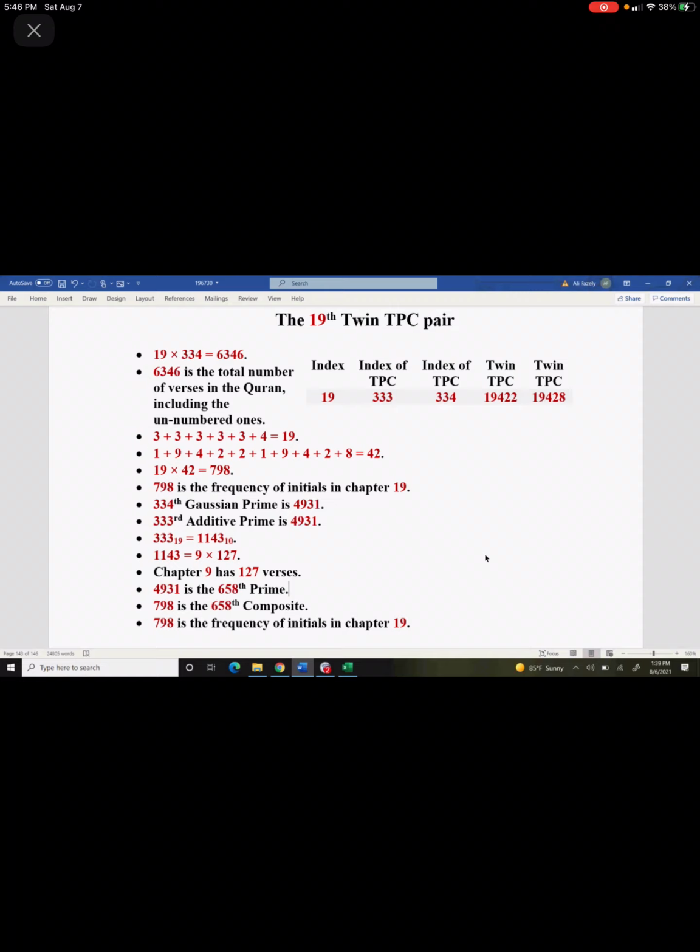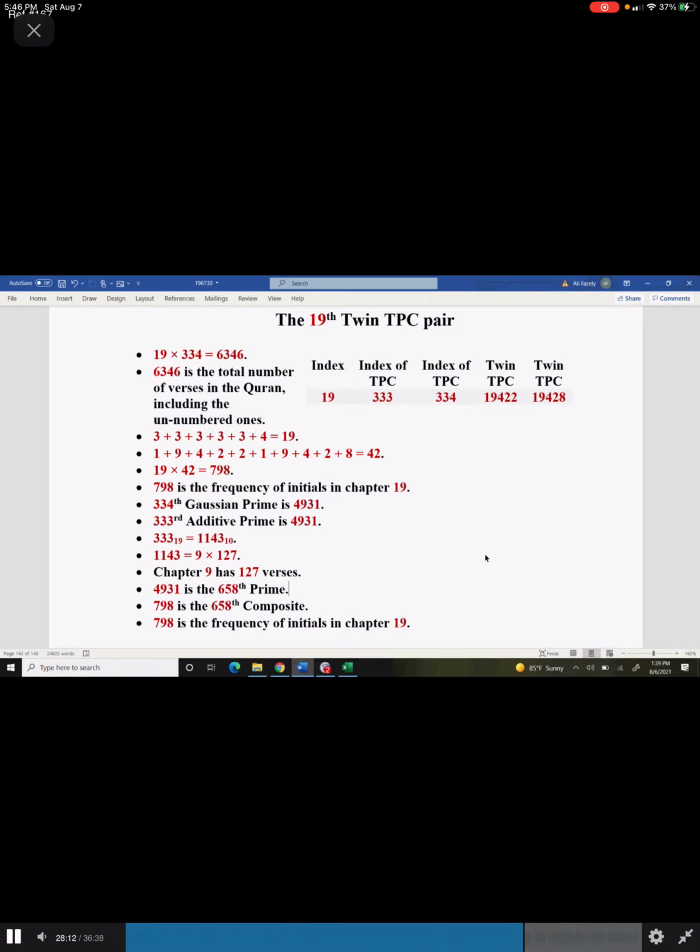Furthermore, 4931 happens to be the 658th prime number, just a regular prime. But 798 is the 658th composite, and again 798 is the frequency of initials in chapter 19.